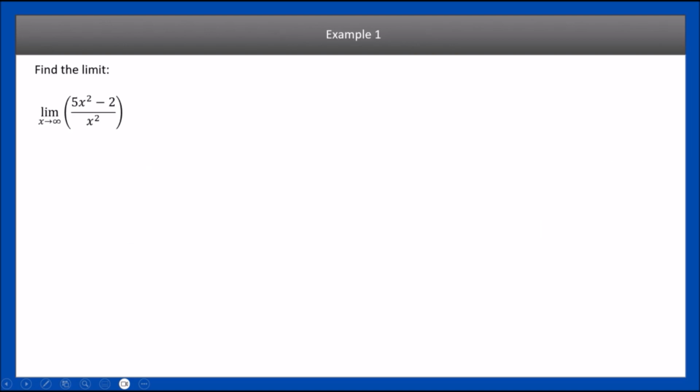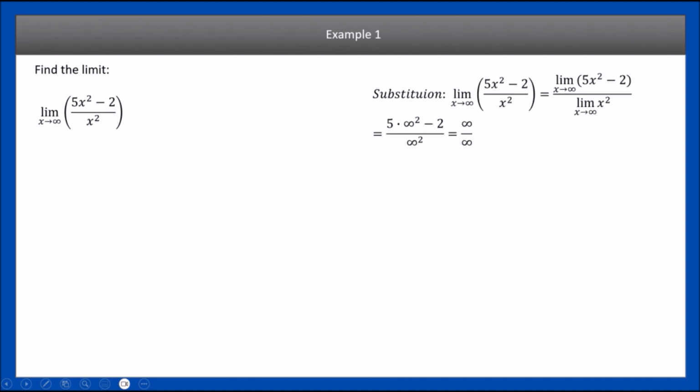So let's use the technique to find this limit here. Notice first that if I do a direct substitution, and again, that's a typo, there should be a T there for substitution, we can take the limit of the numerator and denominator separately.